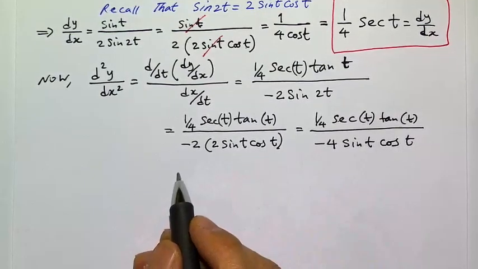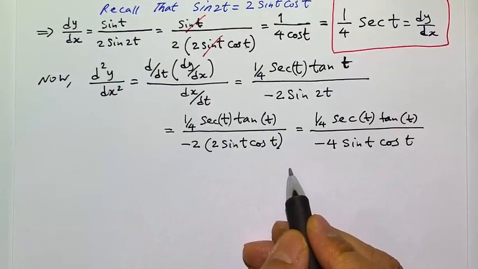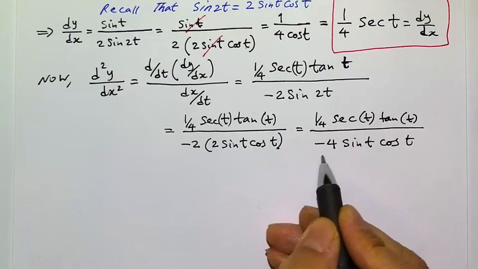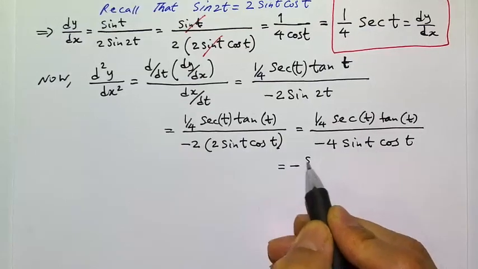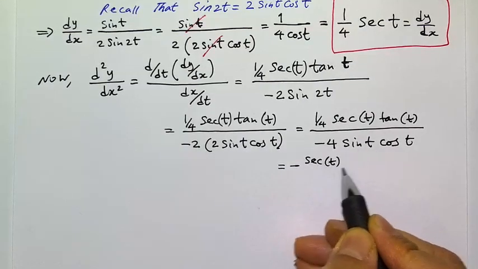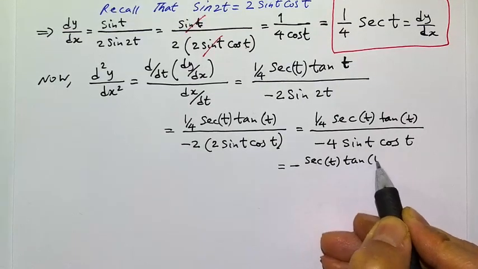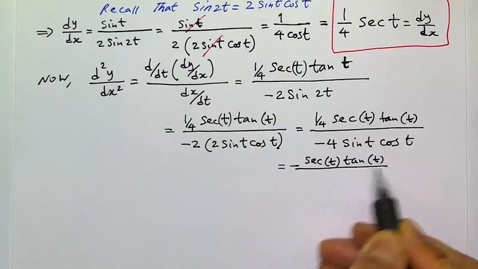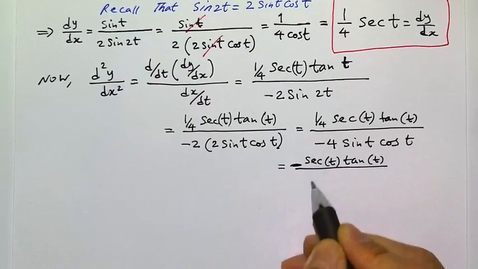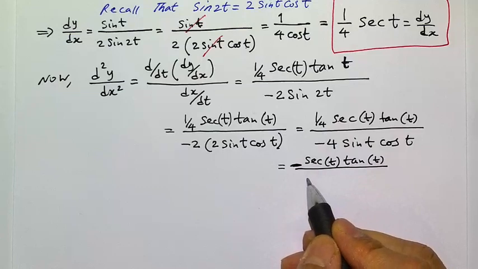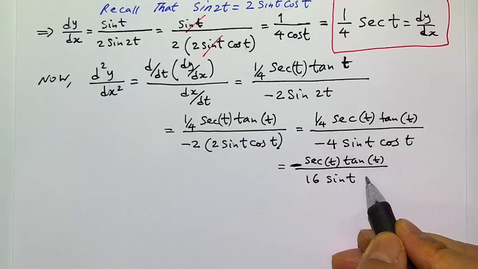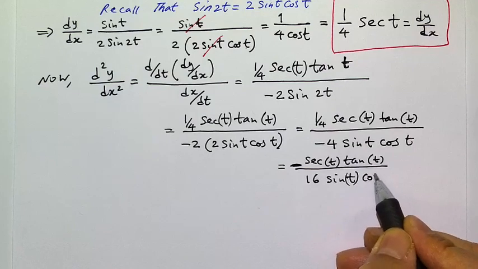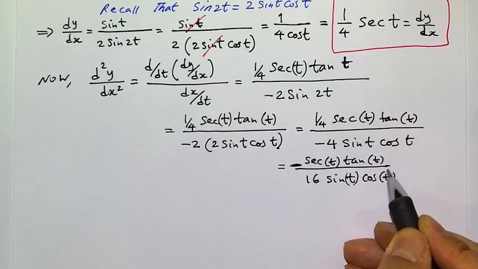So for that we have minus secant of t times tangent of t divided by 16, 4 times minus 4, 16 sine of t times cosine of t.